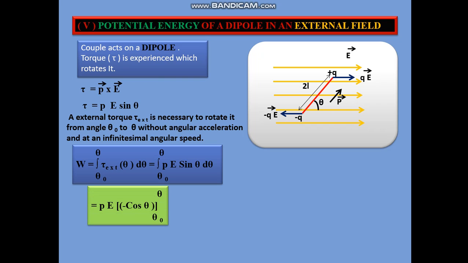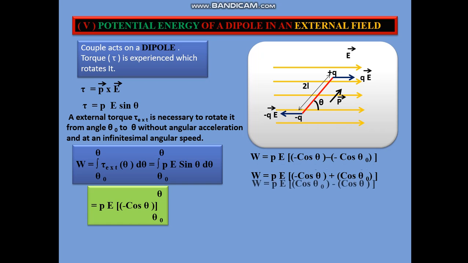That comes out to be, if you integrate it, p E times minus cos theta from theta naught to theta. So we substitute it and we get W is equal to pE of minus cos theta minus of minus cos theta naught. So W is equal to pE of minus cos theta plus cos theta naught, and W is equal to pE of cos theta naught minus cos theta. This is stored as potential energy.